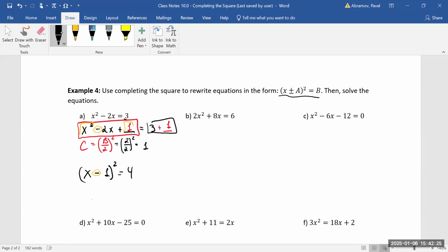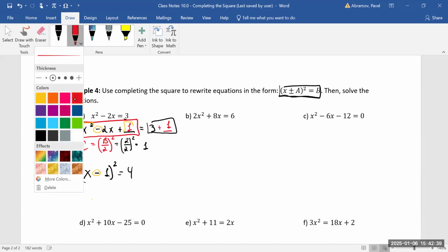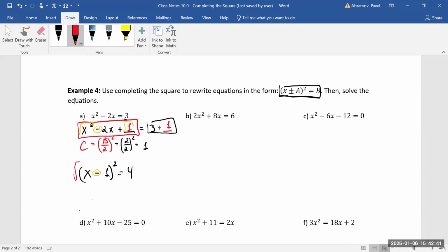So now notice we have it in the form that we were asked to put this in: x plus or minus some a squared equals b. So now, having it in this form, we can actually solve this equation. We can take the square root of both sides.